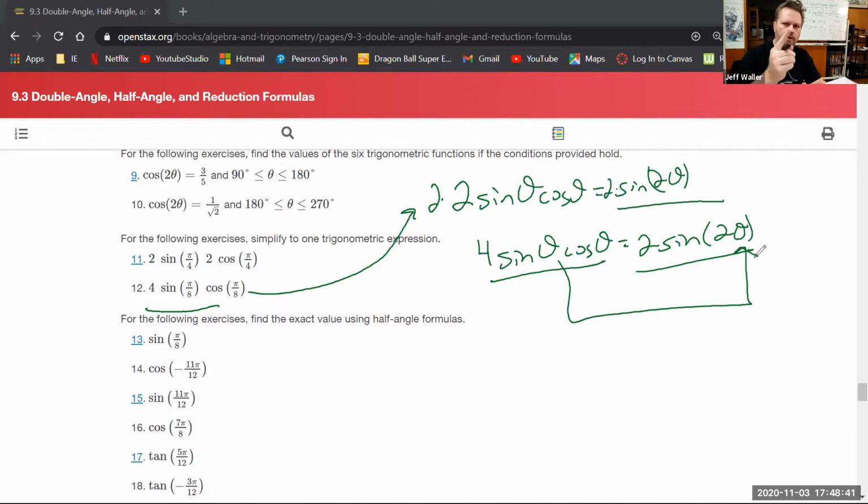Which one, and then what's theta? Because they tell you how to rewrite things, and sometimes theta changes. It doubles, it gets cut in half, you square the trig thing. So you figure out what theta is, and sometimes you have to figure out what A and B are for sum and difference stuff. Are you guys with me? Once you get those angles figured out, you put it into the form of what the identity says, and then you just calculate it. You're welcome.